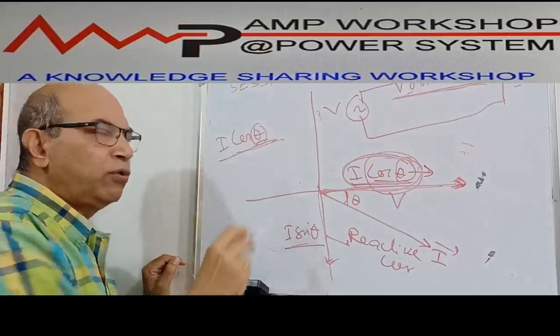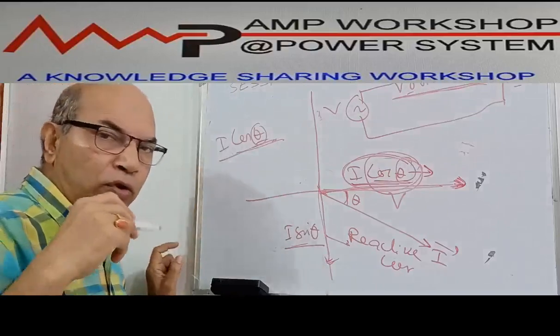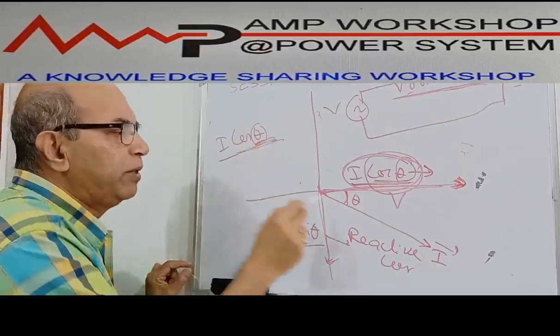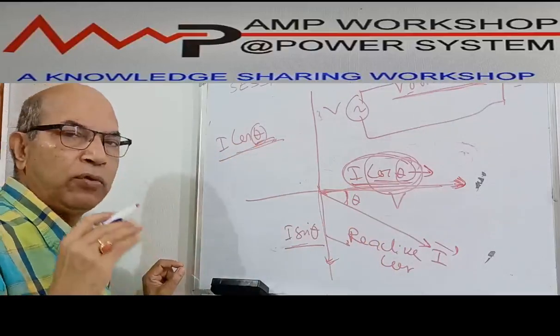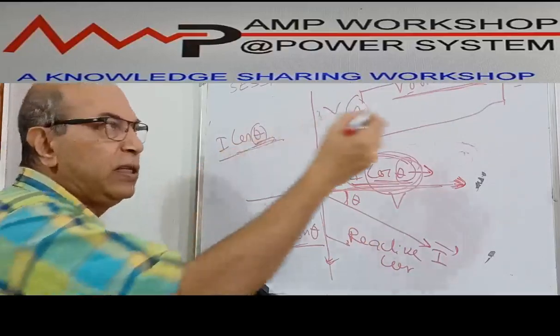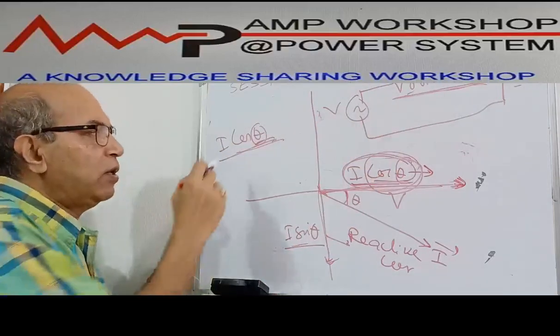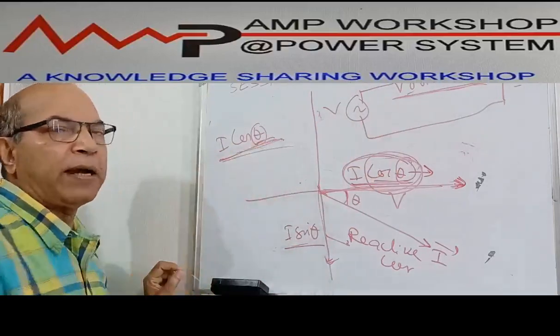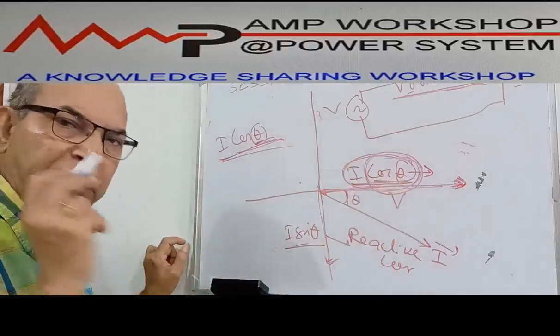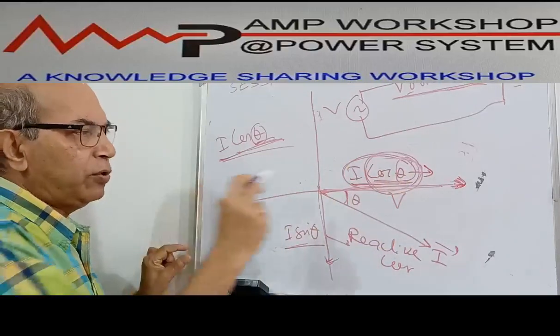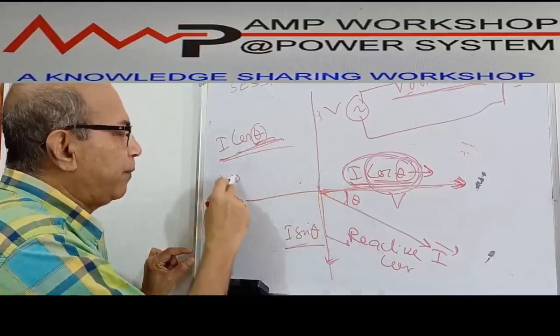If we want to utilize most of the current, theta should be 0, meaning the circuit would be purely resistive. That is not possible, so we improve by reducing the reactance of the circuit so that it can give maximum active current. Suppose the current is 100 ampere.